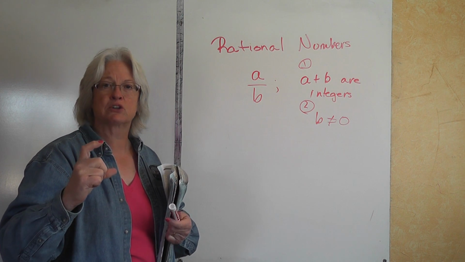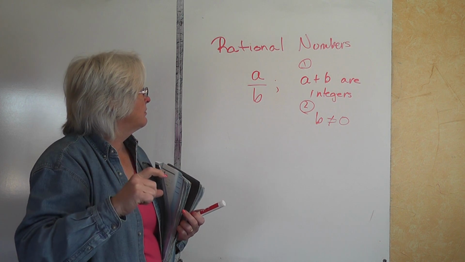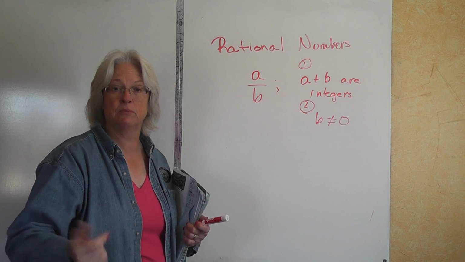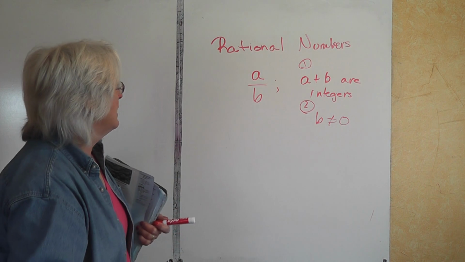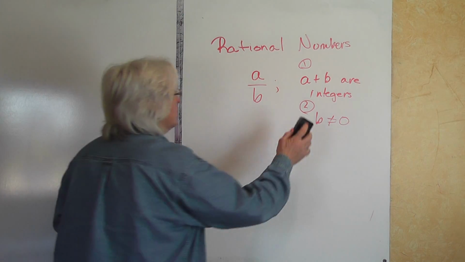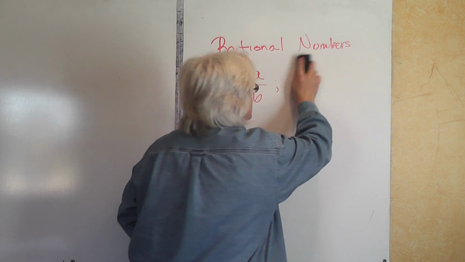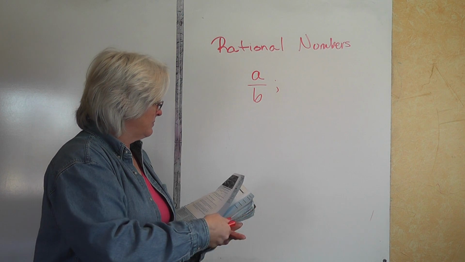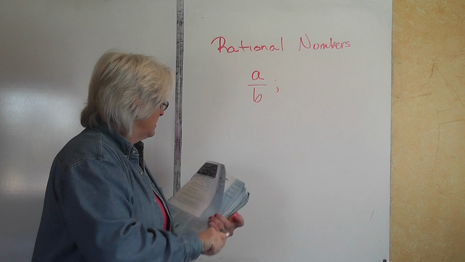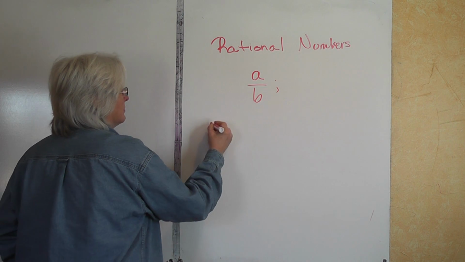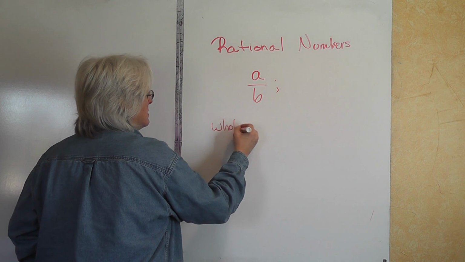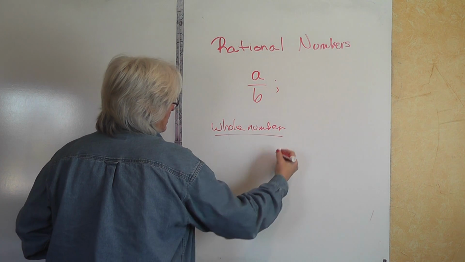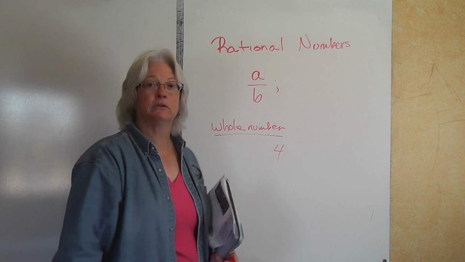So this is what a rational number is. It looks like a fraction. The numerator and the denominator have to be integers, and remember, integers can be negative numbers. And you can't have the denominator be equal to 0. So let's go ahead and look at a couple of numbers right quick and see if these are rational numbers. What if we have a whole number? How about 4?